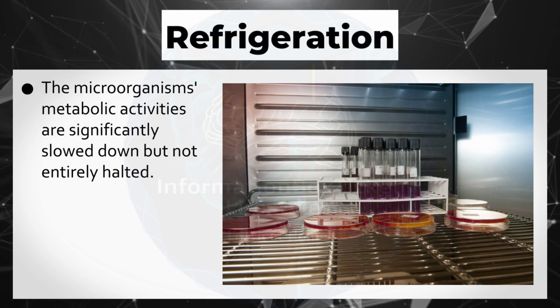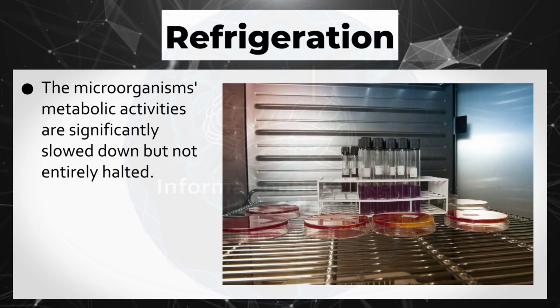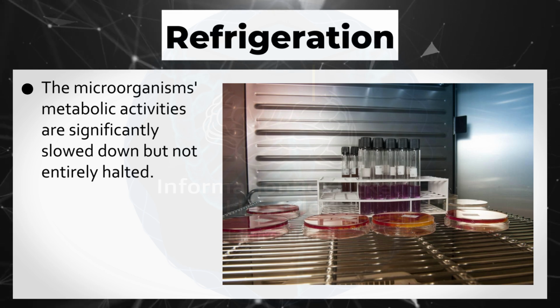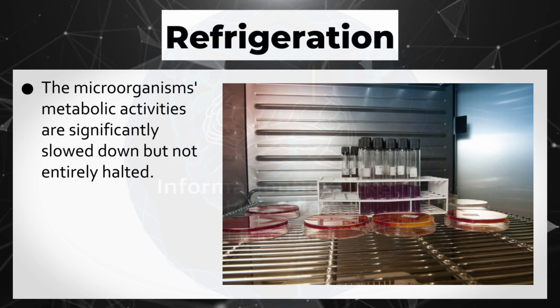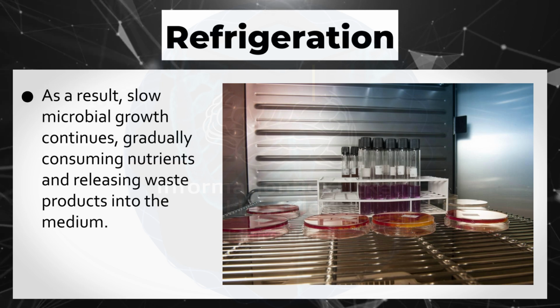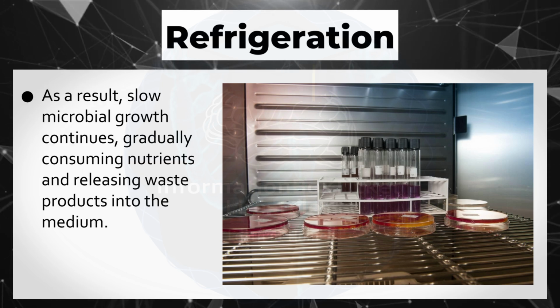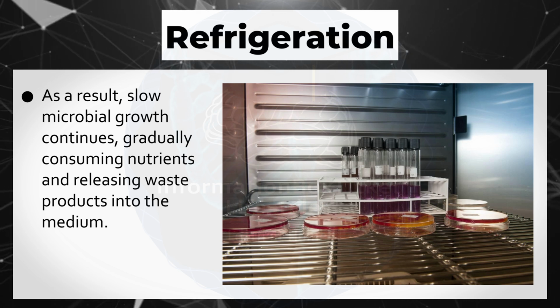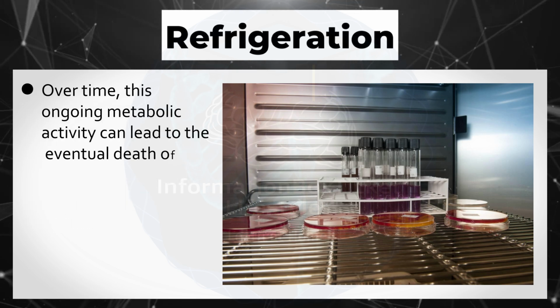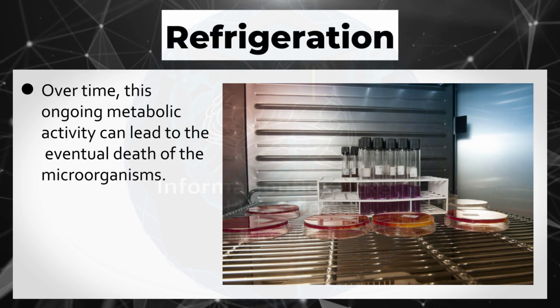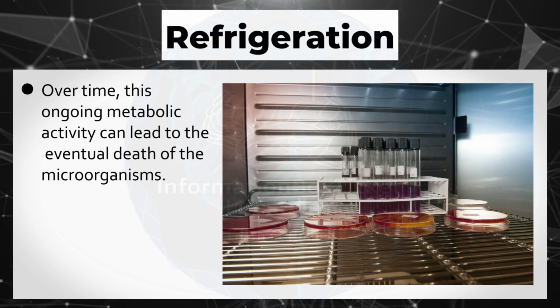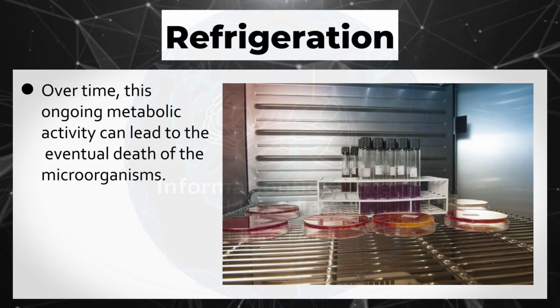The microorganism's metabolic activities are significantly slowed down, but not entirely halted. As a result, slow microbial growth continues, gradually consuming nutrients and releasing waste products into the medium. Over time, this ongoing metabolic activity can lead to the eventual death of the microorganisms.